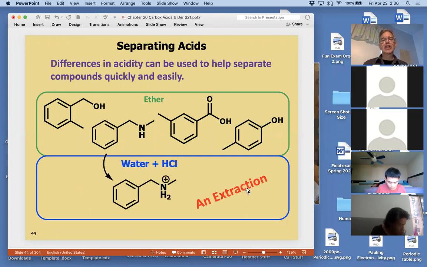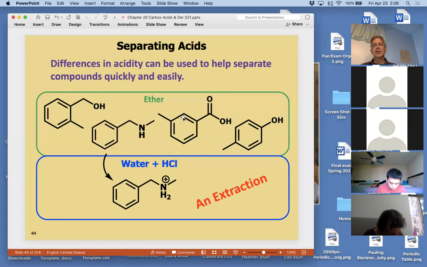Okay, so let's change that and let's put hydrochloric acid in there. 1 molar is the standard for these things. Okay, everything you use is 1 molar. So you put in water with HCl in it, and you shake the 2 phases together, the ether and the water. You're going to extract the amine into the water as the ammonium salt.